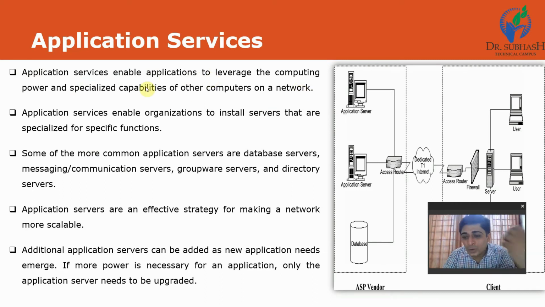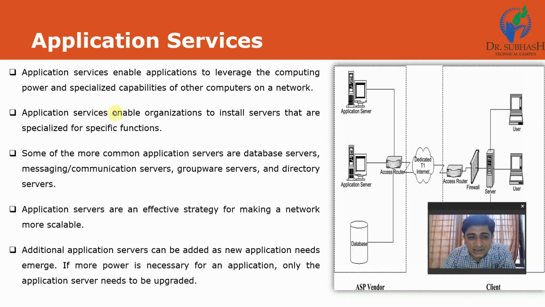It gives more capability to computing devices, computing power, and specialized capability of the other computers. If one computer is more capable of mathematical calculations, we can use that computer for mathematical calculations. If another computer has a better graphical user interface or a GPU, then we can use the capability of the GPU for image processing. So these are the benefits of application service.